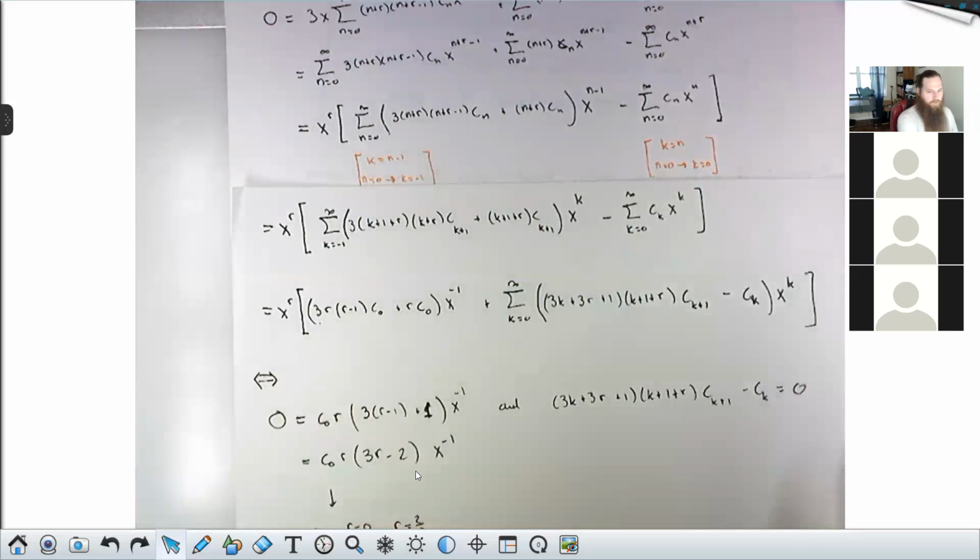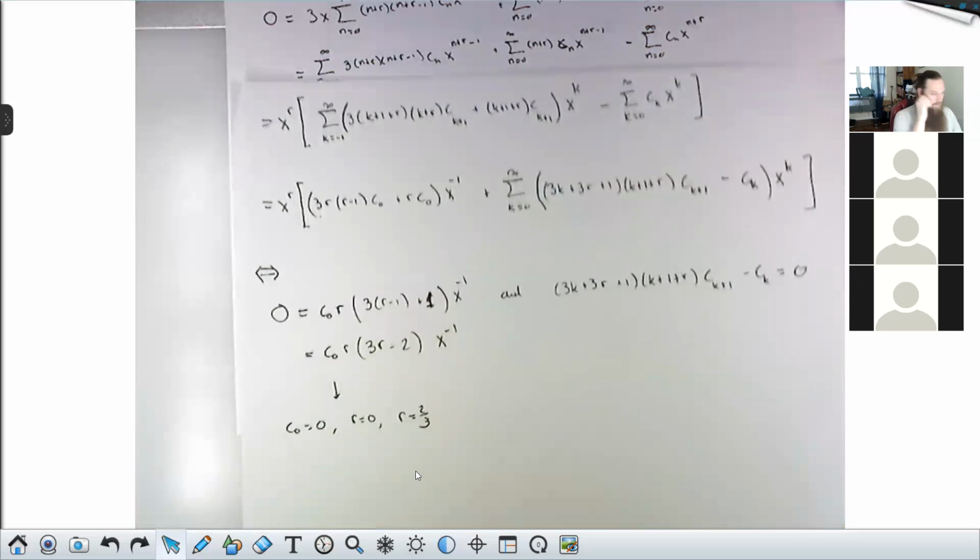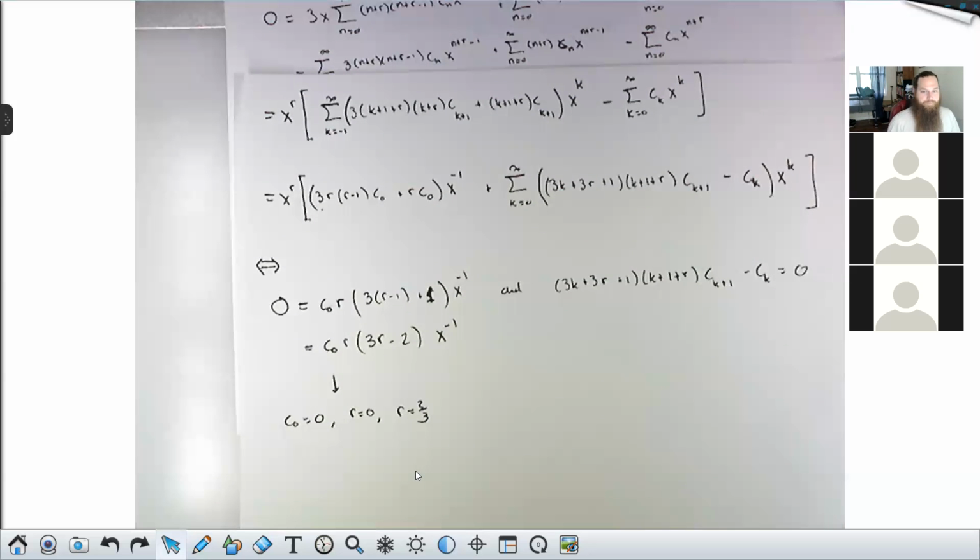1 over x is never 0, right? You know what the graph of 1 over x looks like. So those are the only possibilities there. These two, each one of these, I will plug in here to get a different recurrence relation. If you plug in r equals 0, then this term drops out, this term drops out, and you get one particular recurrence relation.